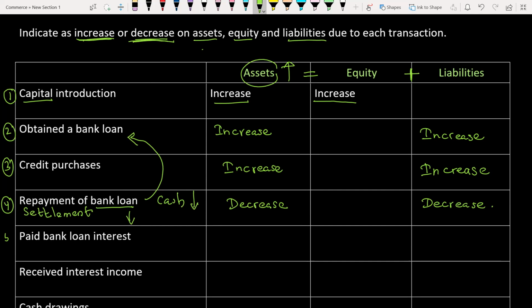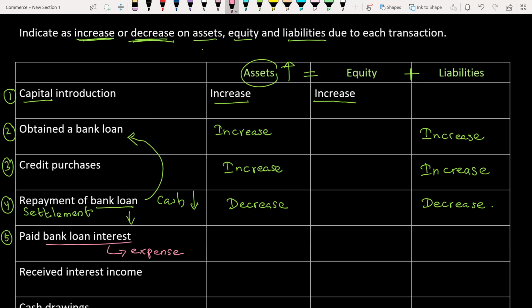Now what about payment of bank loan interest? Remember, bank loan is a liability, but bank loan interest is an expense. So if the business pays bank loan interest, the business has to make a cash payment. So cash of the business will decrease.